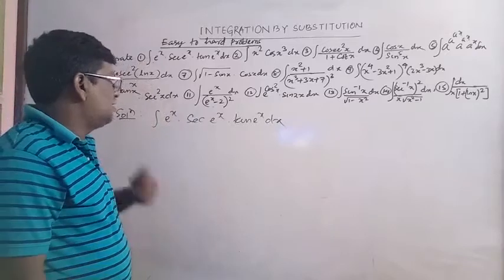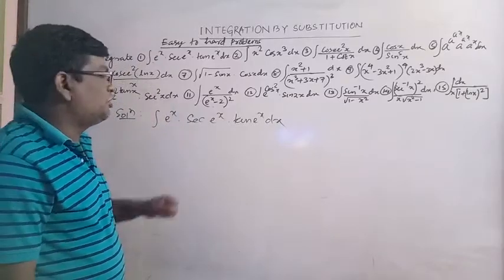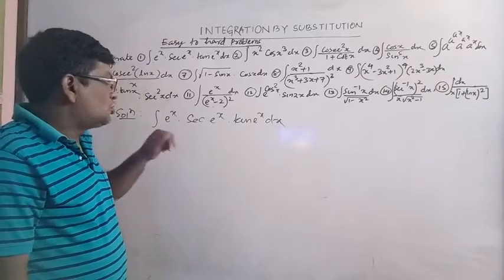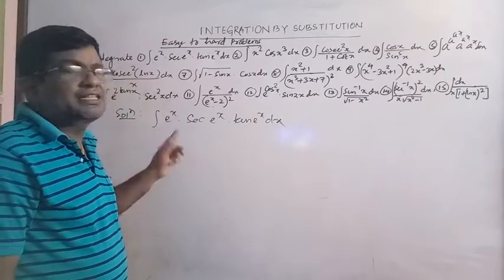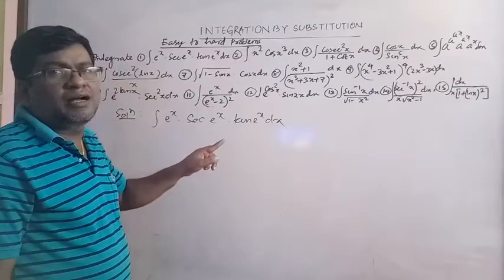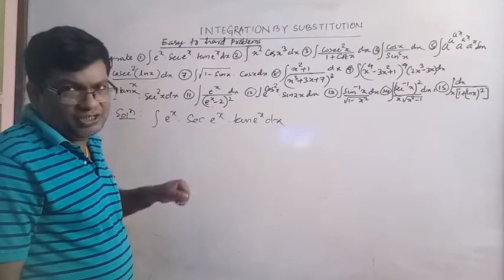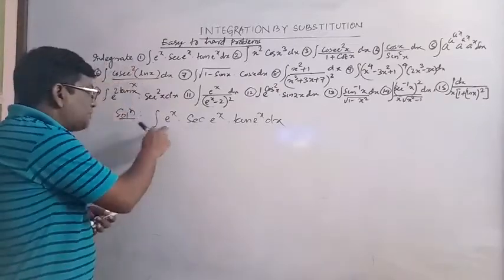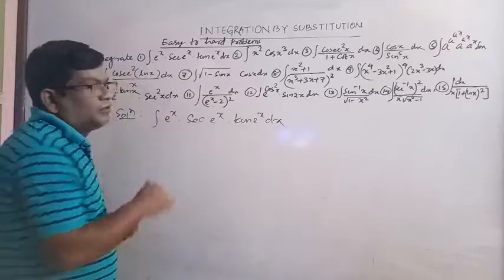Let's see, what is the derivative of e to the x? The derivative of e to the x is e to the x. Suppose we put e to the x equal to t. Then if f of x equals e to the x, f dash x equals e to the x.